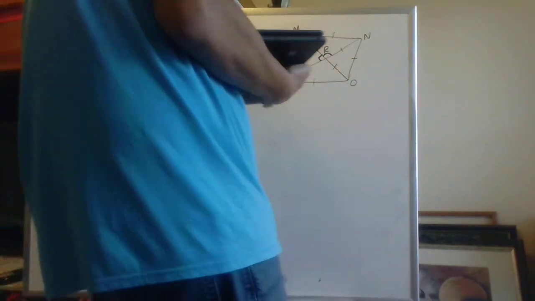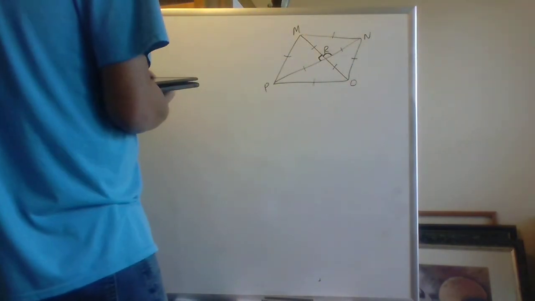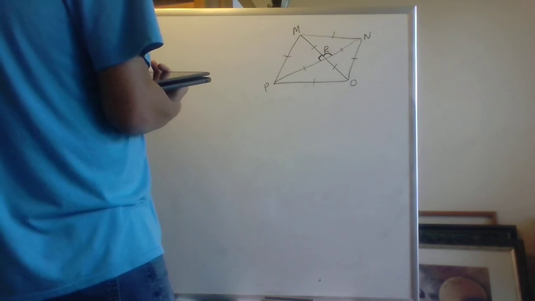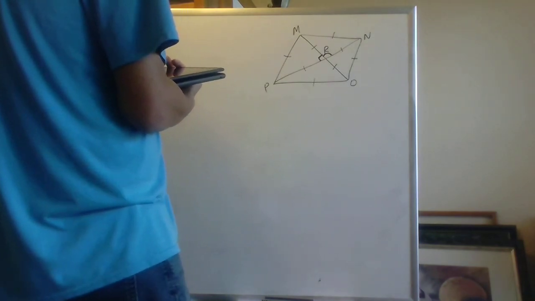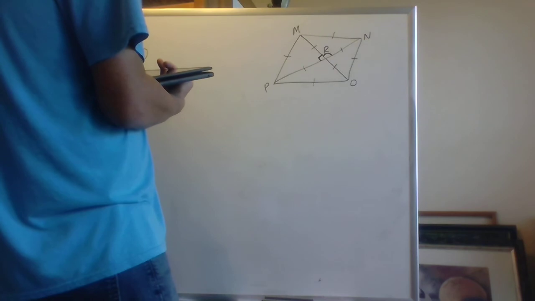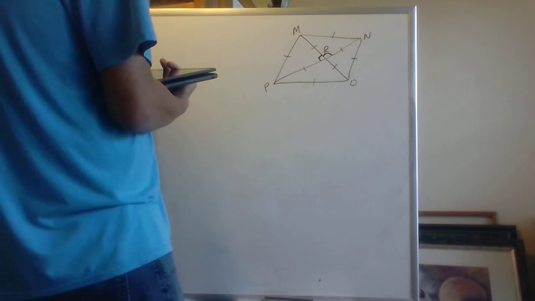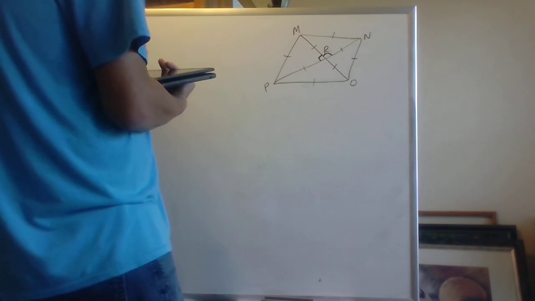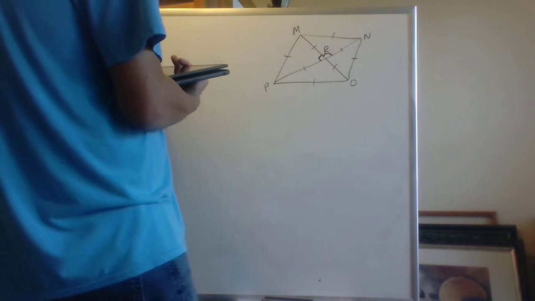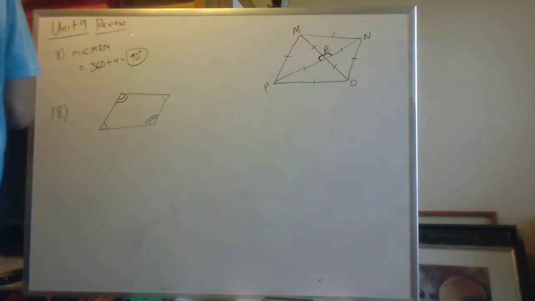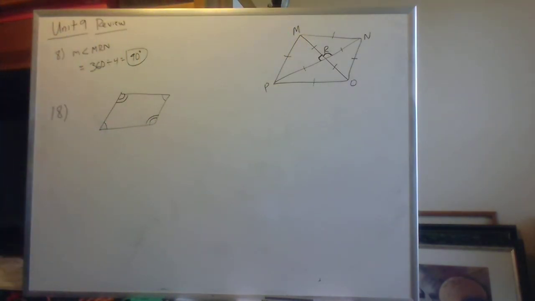Number 18 has a drawing, just like number 19, of a quadrilateral, and it's asking, based upon the congruency statements, if this quadrilateral is a parallelogram. I'm going to immediately tell you, yes, it is.